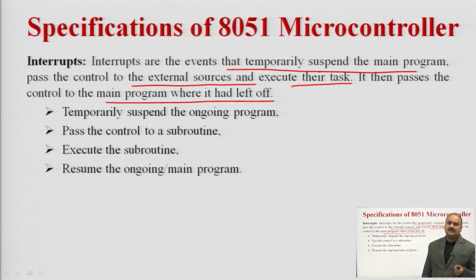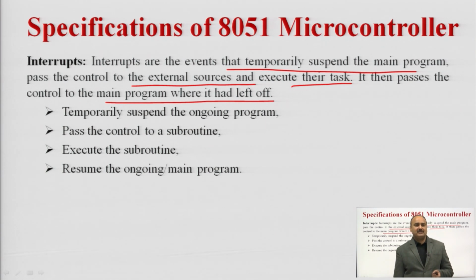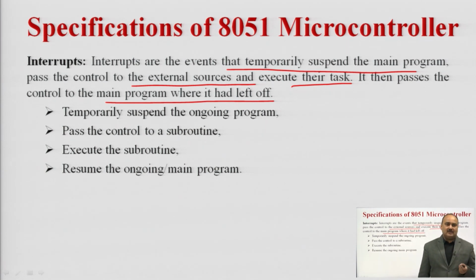Each requesting device will be associated with a certain task. Whenever the interrupt occurs on the interrupting pin, the microcontroller will access the interrupt service routine. So, it will transfer the control from the main program to the interrupt service routine.